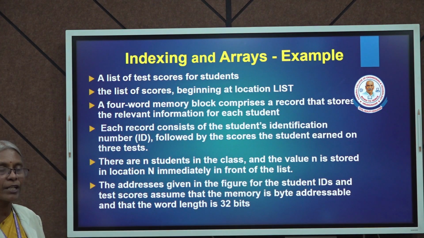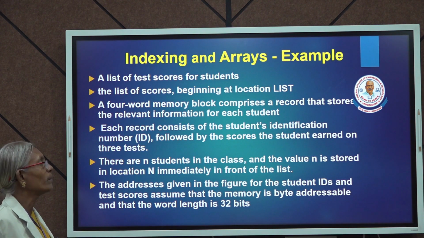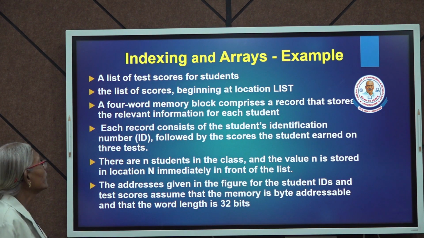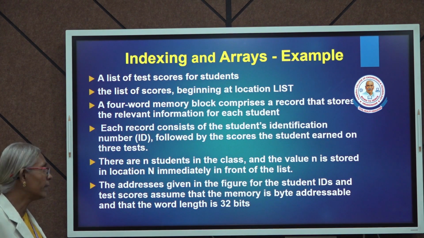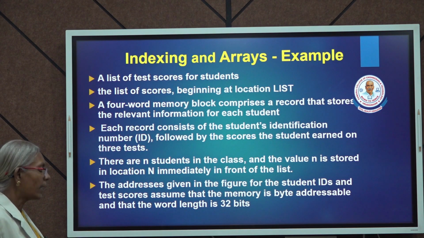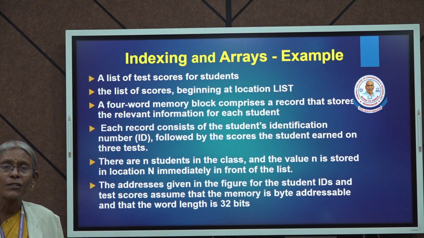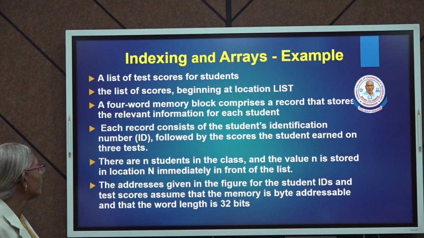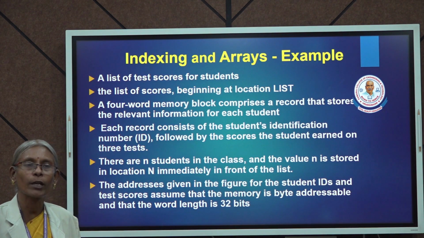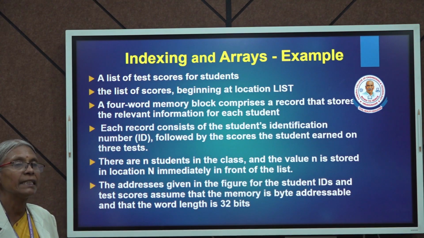For each student it stores the roll number as well as the test marks. So each record has the identification, that is the roll number, followed by the test scores of each student. Now let us assume there are n students in the class, and the value n is stored in a location N.